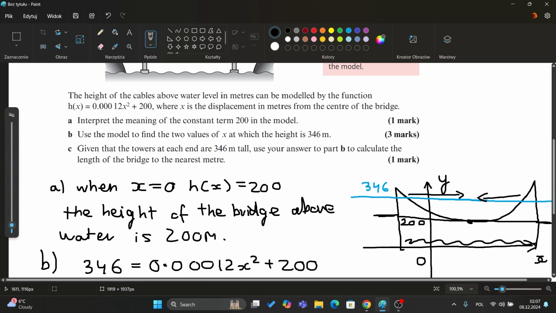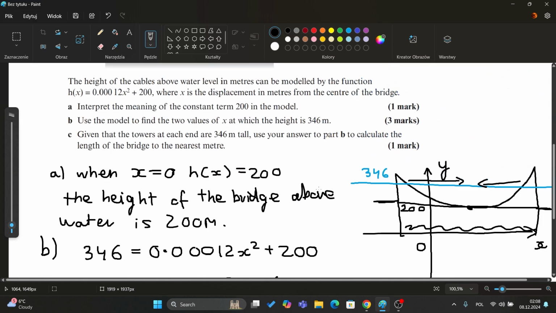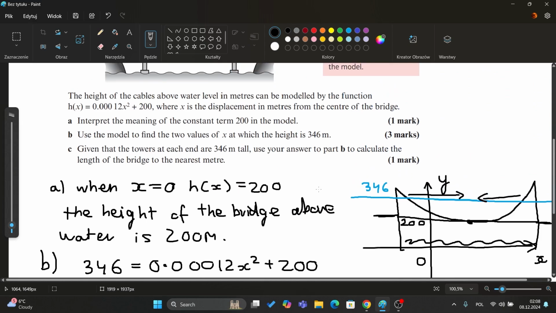wide from both sides. Now, given that the towers at each end are 346 meters tall, use your answer to part B to calculate the length of the bridge to the nearest meter.